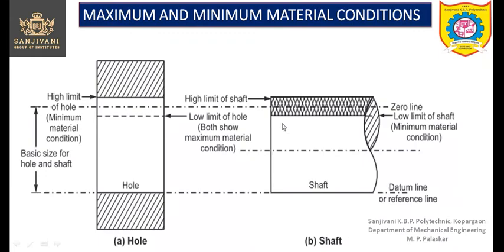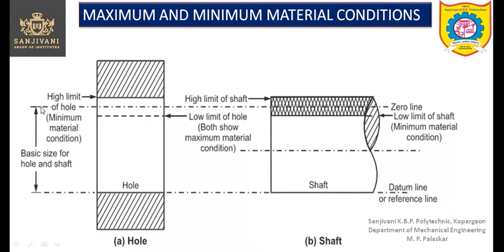Now with the help of this figure, we can study the same thing. This is the hole, this is the datum or the reference line for the hole, and this is the zero line. Now this zero line is common for the hole as well as the shaft, and with the help of this zero line, we can indicate the basic size for shaft and the hole.